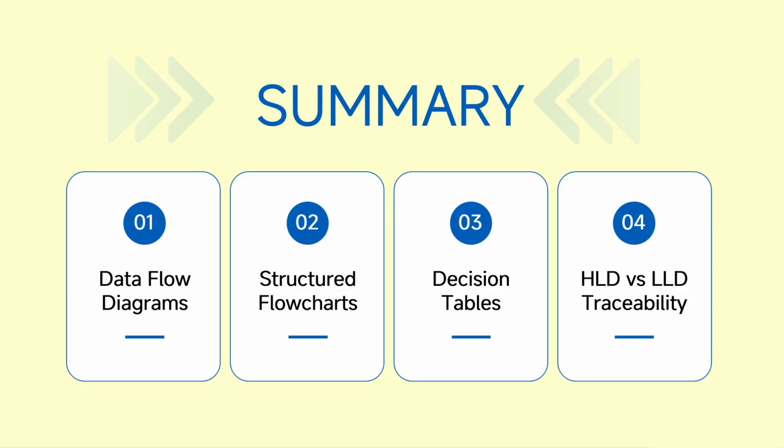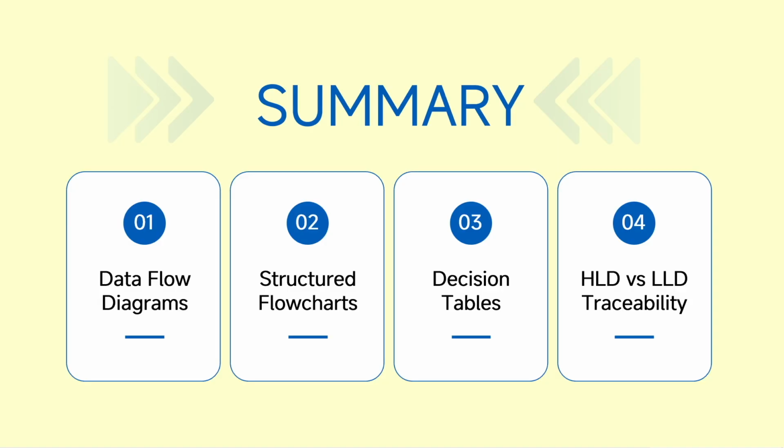As a summary, in this lecture we have understood what a DFD is and the process of drawing the DFD with some examples, and then we moved on to structured charts and flow charts. We saw how a flow chart is beneficial in changing from the requirements to design, and we also saw pseudocode, and then we went on to the decision table.